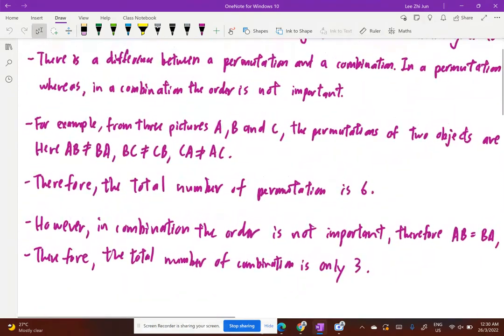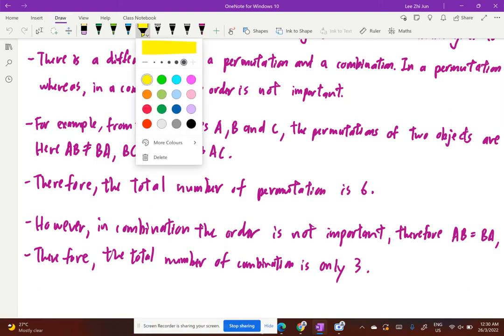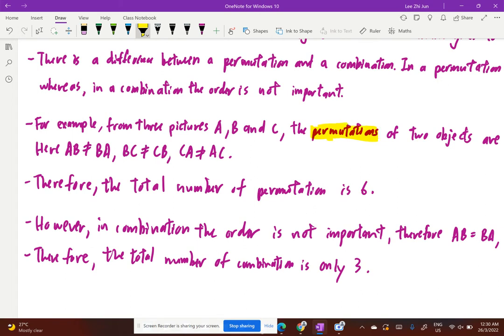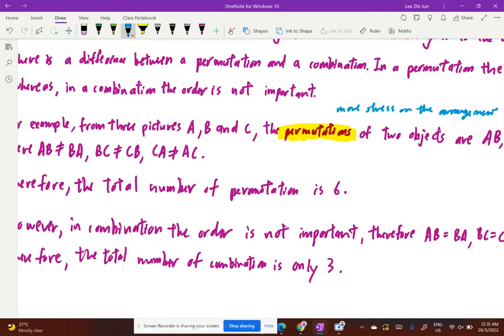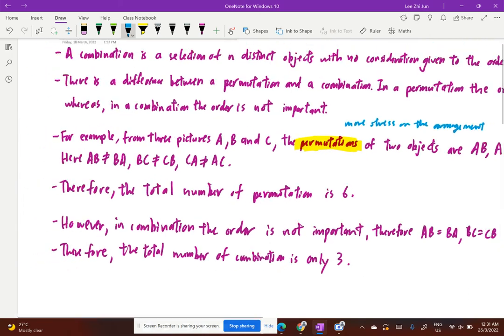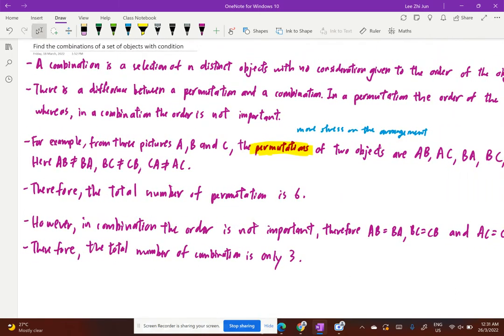Here, AB is not equal to BA, BC is not equal to CB, CA is not equal to AC, as permutation puts more stress on the arrangement. Therefore, the total number of permutations is 6.